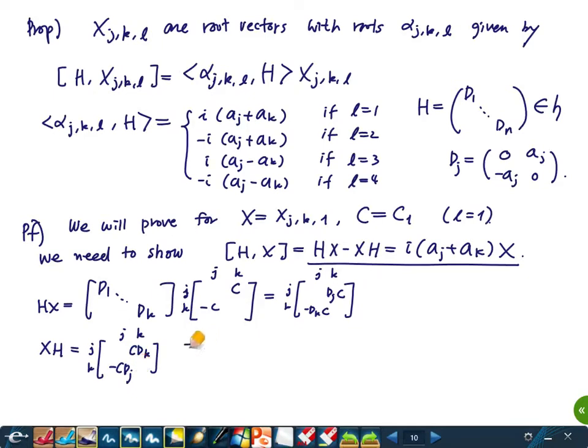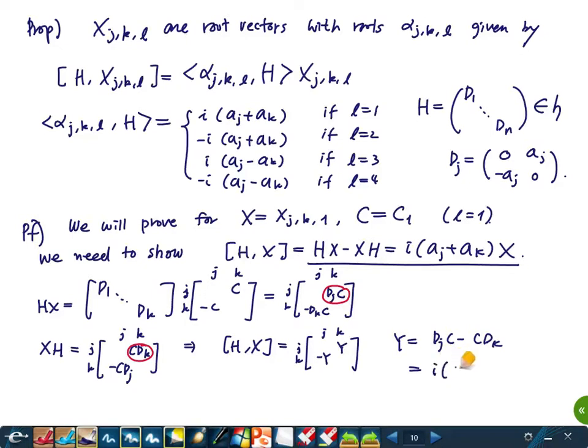That means hx is this minus this, which is y and minus y, jk, where y, what is y? Y is, of course, this minus this: djc minus cdk. Everything is a 2 by 2 matrix. You know how to multiply them. I have to subtract them. The answer will be, of course, this.